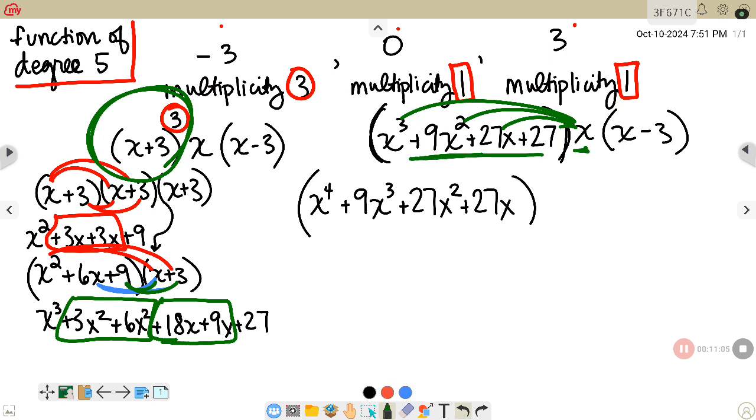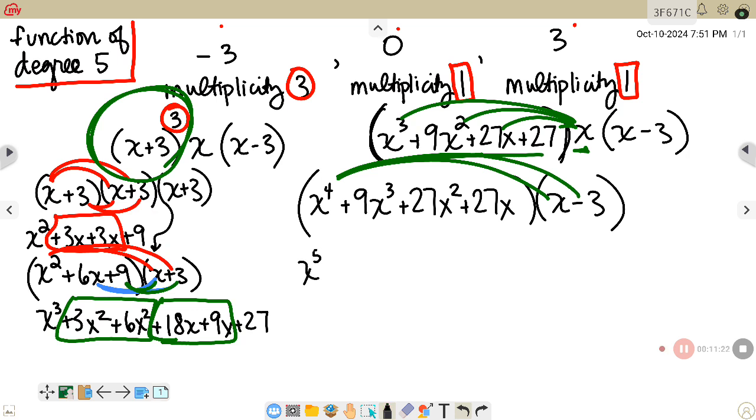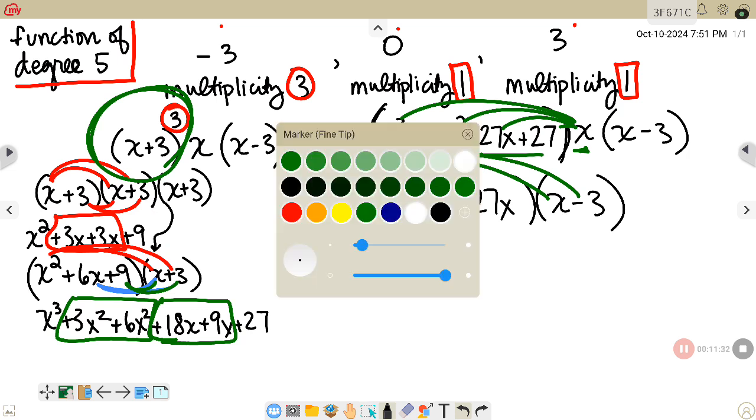I just need to bring down the very last one, which is the x minus 3, and multiply here. So x to the fourth goes to both of these. So x to the fourth times x gives me x to the fifth. x to the fourth times negative 3 gives me negative 3x to the fourth. So I'm done with the x to the fourth.